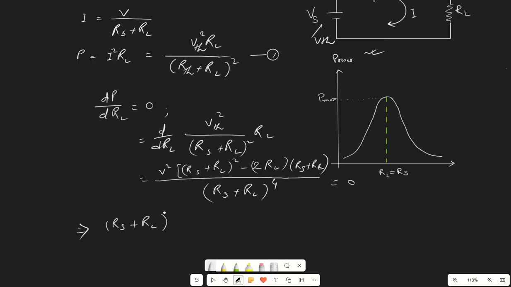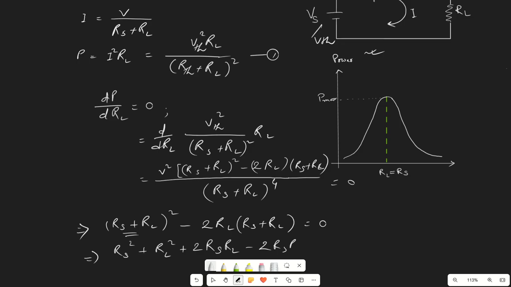RS plus RL whole square minus 2RL times RS plus RL equals 0. After expanding this term, we have RS square plus RL square plus 2 RS RL minus 2 RS RL minus 2 RL square equals 0.